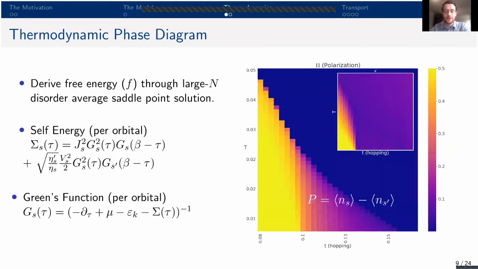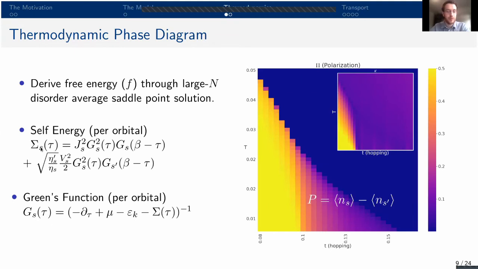One of the advantages I mentioned of the SYK model is that it's exactly solvable. Through a large N limit and by disorder averaging, we can find a saddle point solution that is exact, and we are able to get Dyson equations that, through this DMFT type algorithm, give self-consistent solutions for both the self-energy here and the Green's function here.